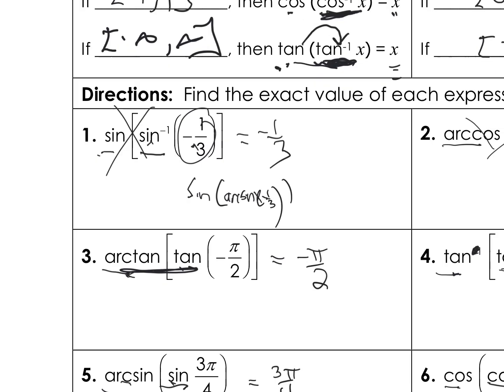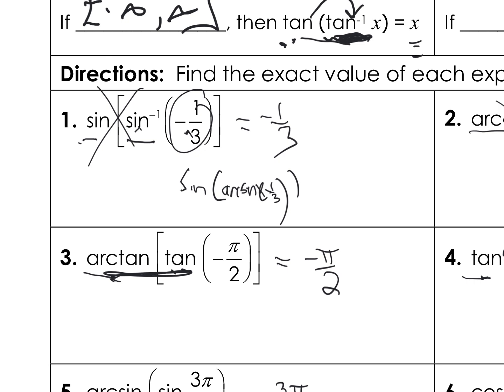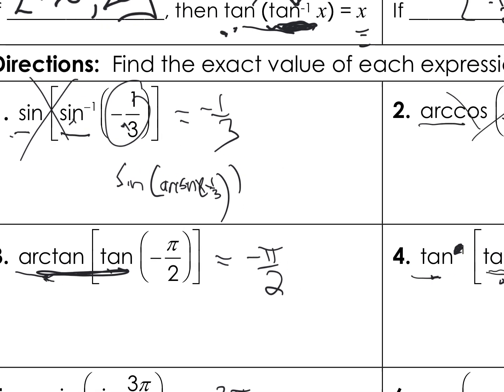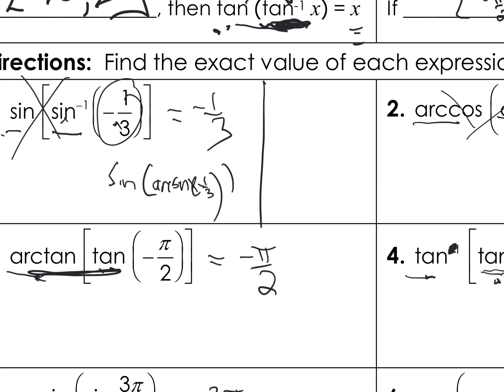Did you find a mistake on number 1? Probably not, because the question was the inside function. I'm going to take the inside right here. Sine of what is equal to negative 1/3? That's not a big deal.